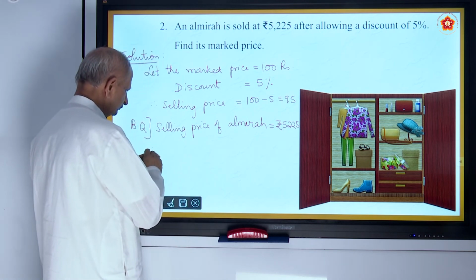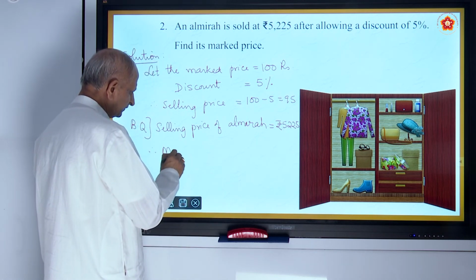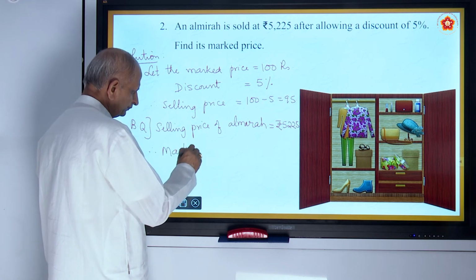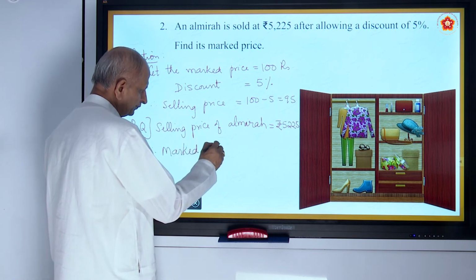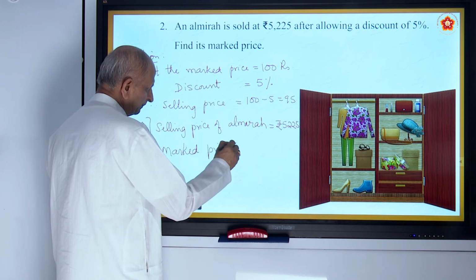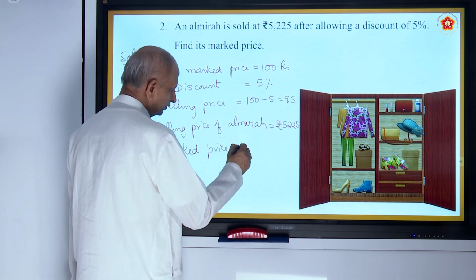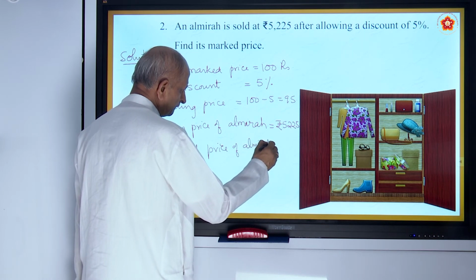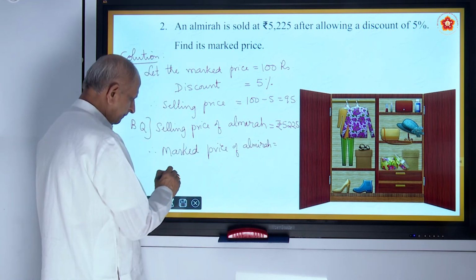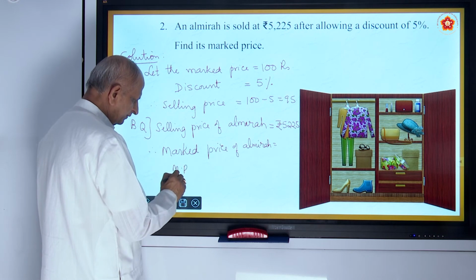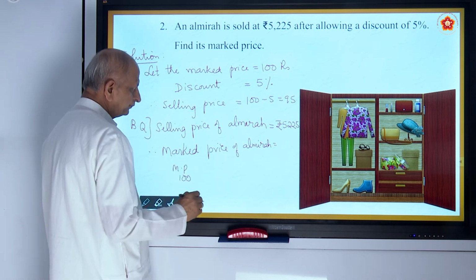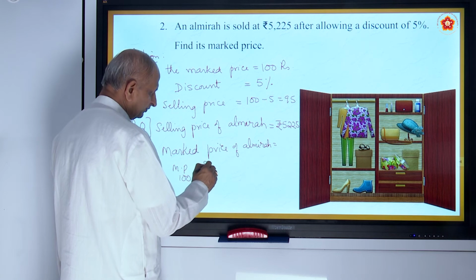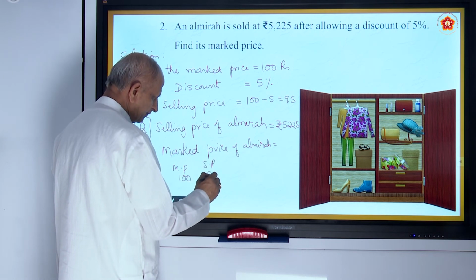Therefore, market price of Almirah. If market price is 100, the selling price will be 95.